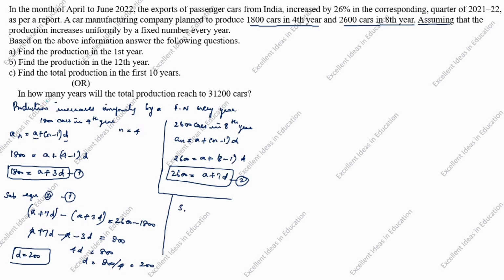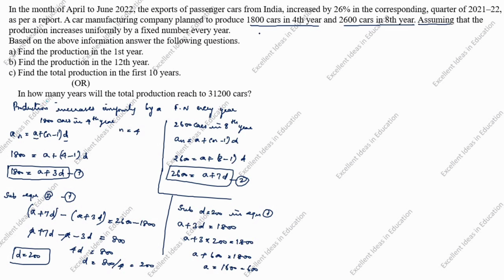Next, substitute d equal to 200 in equation 1. Equation 1 is a plus 3d equal to 1,800. a plus 3 into the d value, 200, equal to 1,800. a plus 3 into 200, which is 600, equal to 1,800. a is equal to 1,800 minus 600.